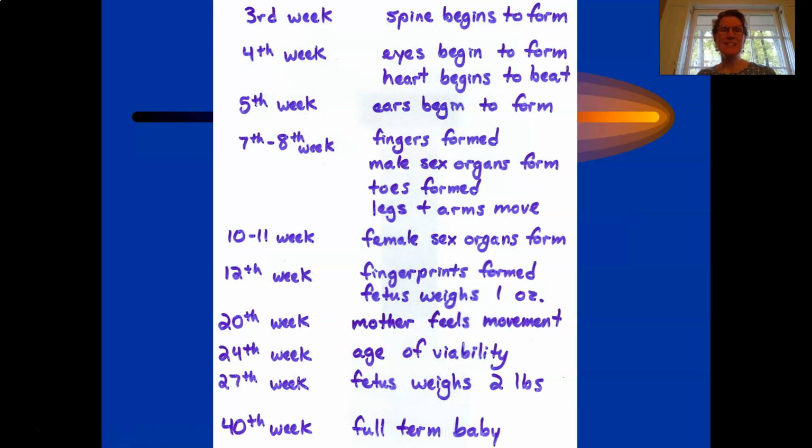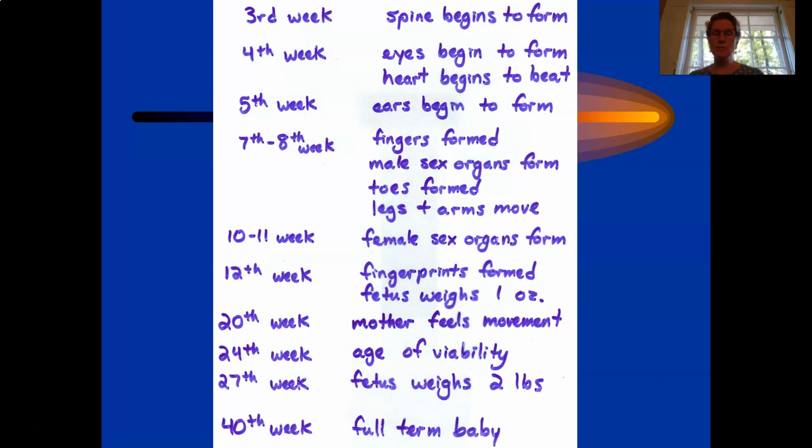And this is just kind of a list of some various things that happen throughout pregnancy and at what time they happen. And it's pretty amazing how quickly babies form. So the spine about the 3rd week, the heart begins to beat at the 4th week, fingers and male sex organs are formed about the 7th or 8th week, female sex organs are formed about the 10th or 11th, fingerprint about the 12th week, when the fetus only weighs about an ounce.